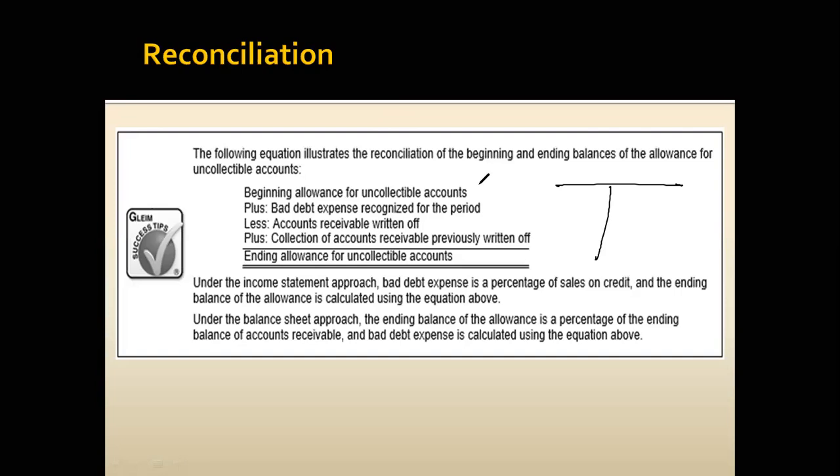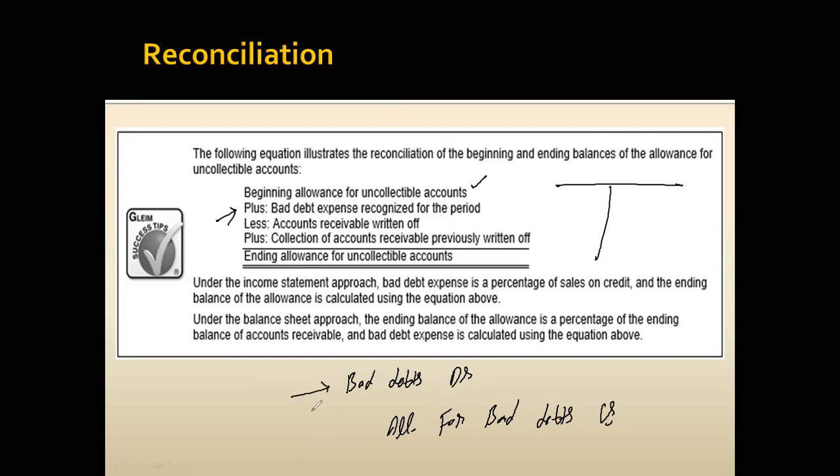Say we have the beginning balance for provision. Whenever we record the bad debts expense through this entry, bad debts expense debit and allowance for bad debts credit, we record it through this entry.